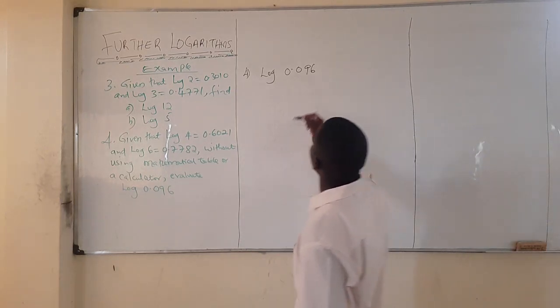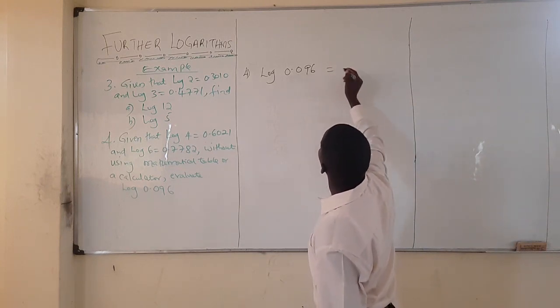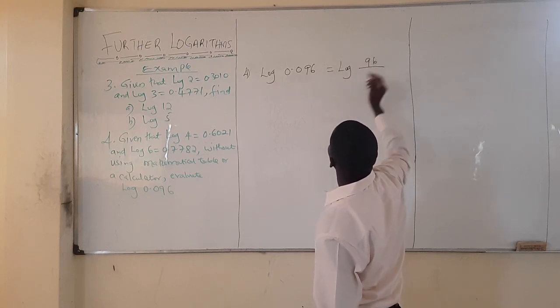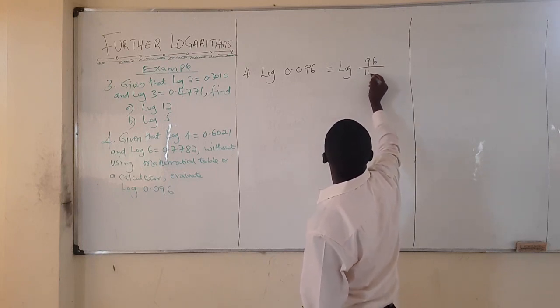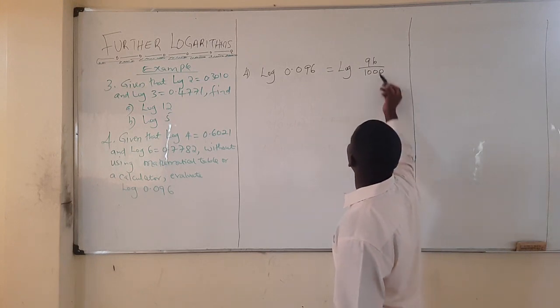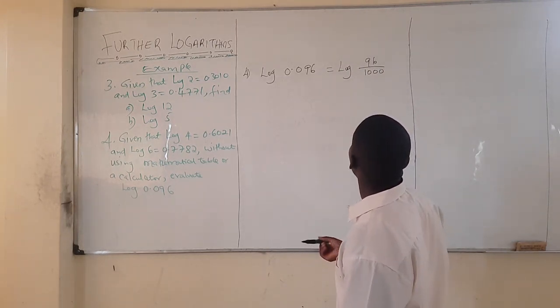So in the first case here, we can have the log of 0.096 is the same as the log of 96, we write it into fraction form, 96 over 1000. Then this 96, we write it in terms of 4 and 6.